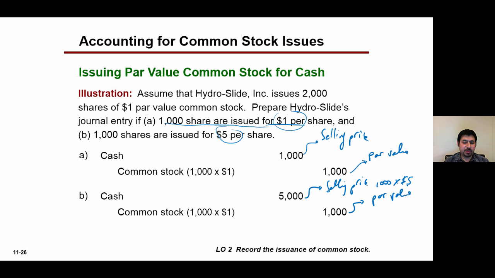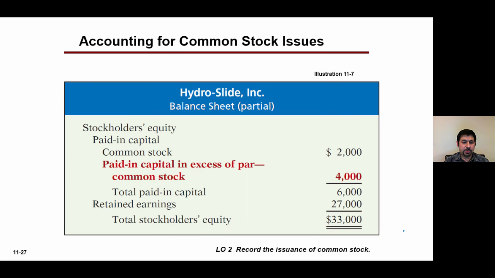Common stock is always recorded at par value. When the company issues par value common stock, it is credited at par value, and the difference between the two is credited to paid-in capital in excess of par value. This account is a stockholders' equity account.